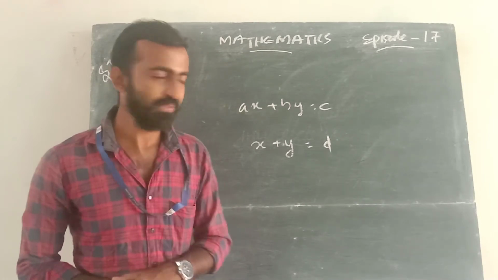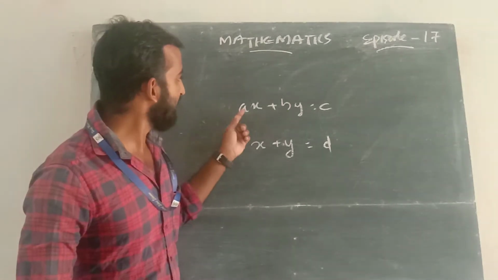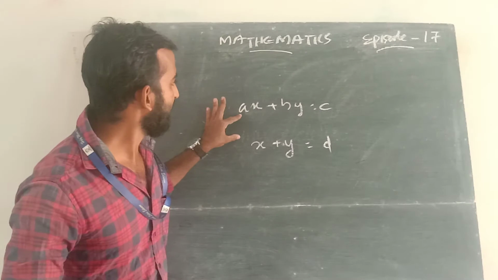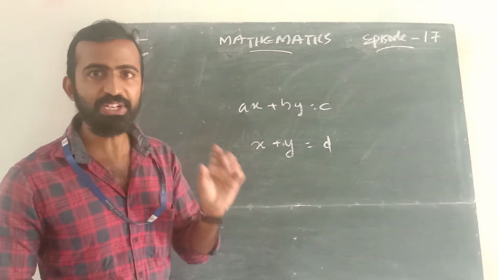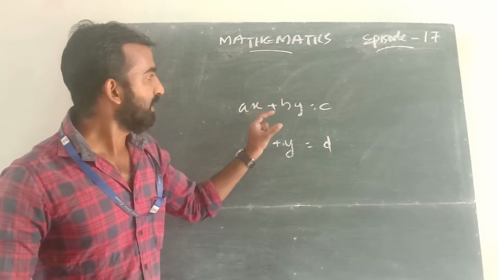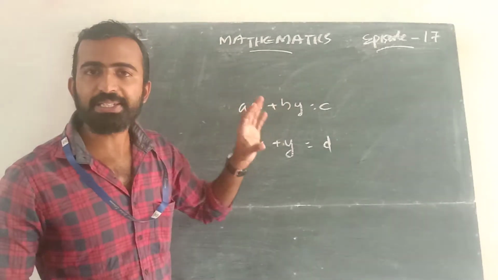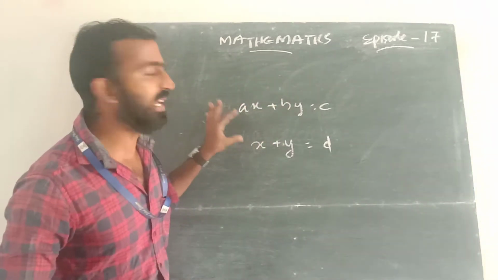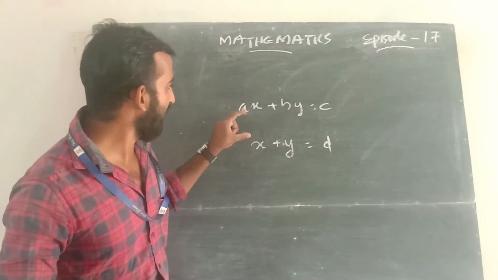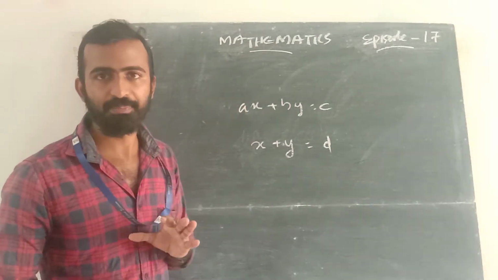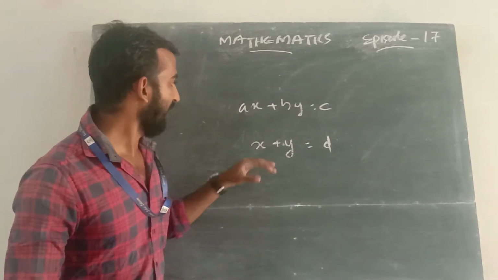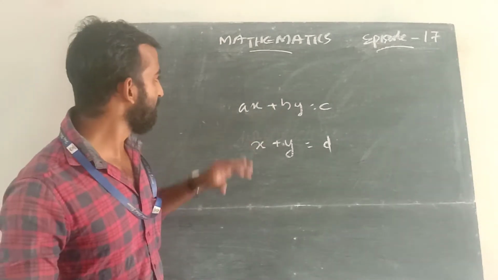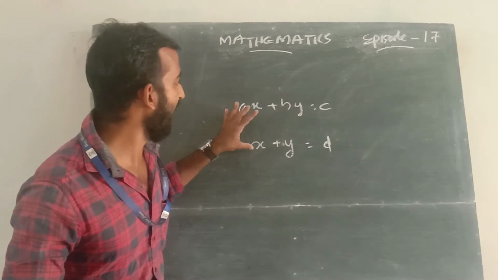For that, the first step is we compare the coefficient of x or y. Whichever variable is to be eliminated, we compare the coefficient of that variable. When we want to eliminate x, we compare the coefficient of x.